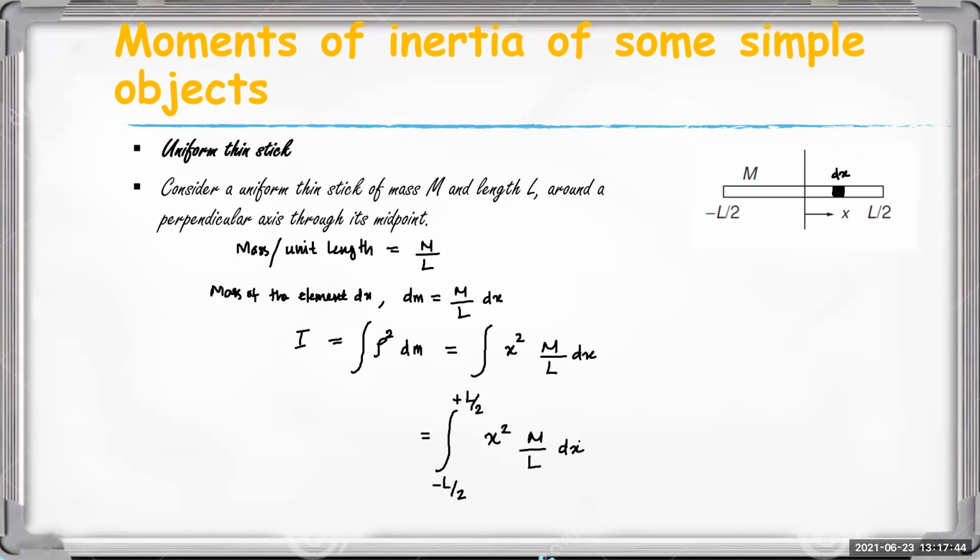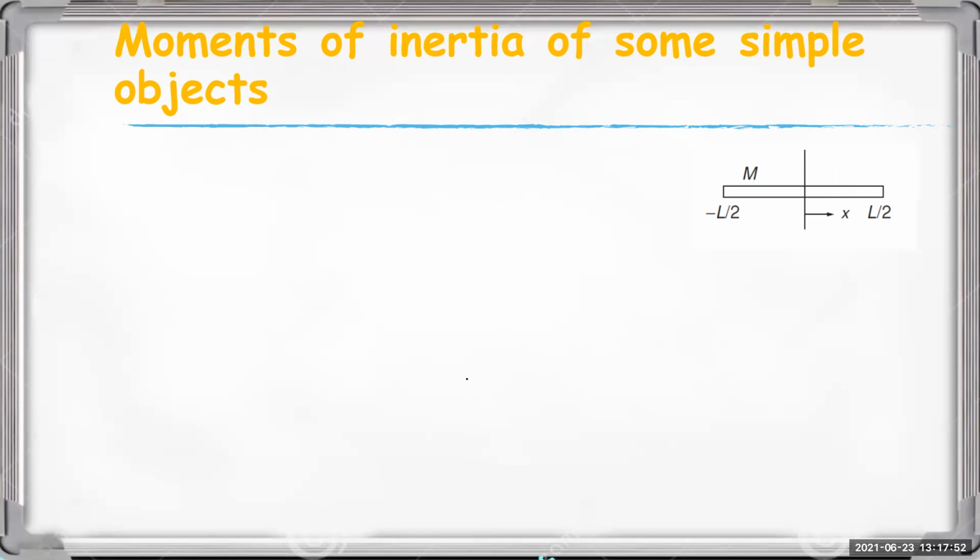Here we take m by L outside, then I is equal to m by L integral minus L by 2 to plus L by 2 of x square dx.